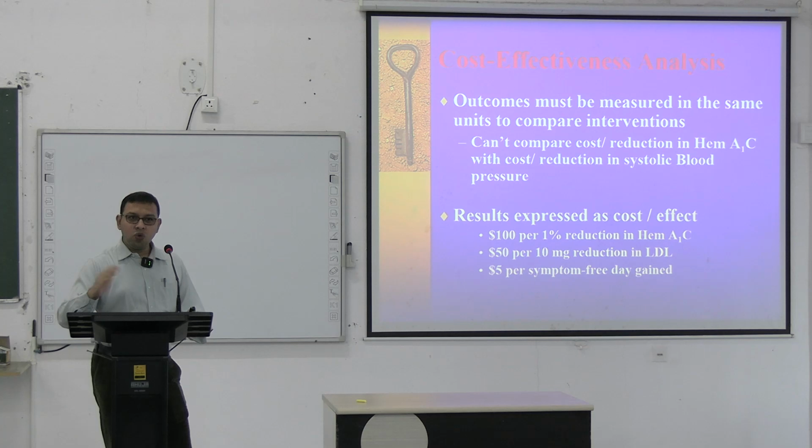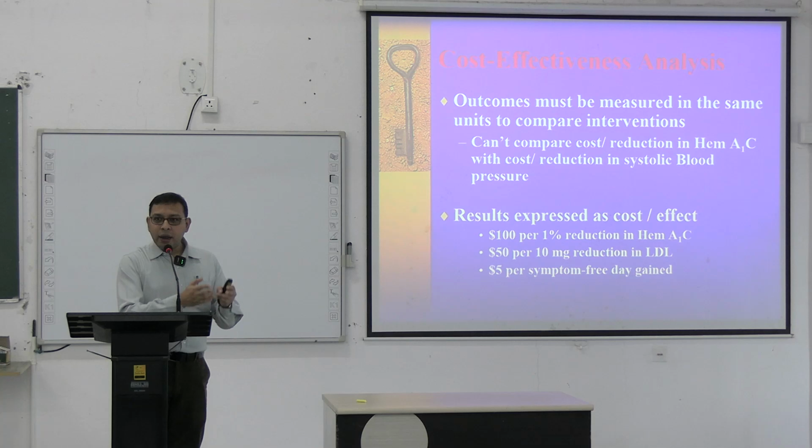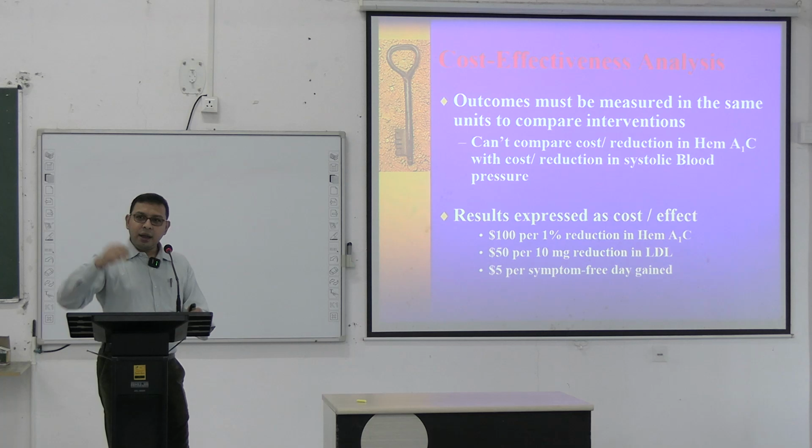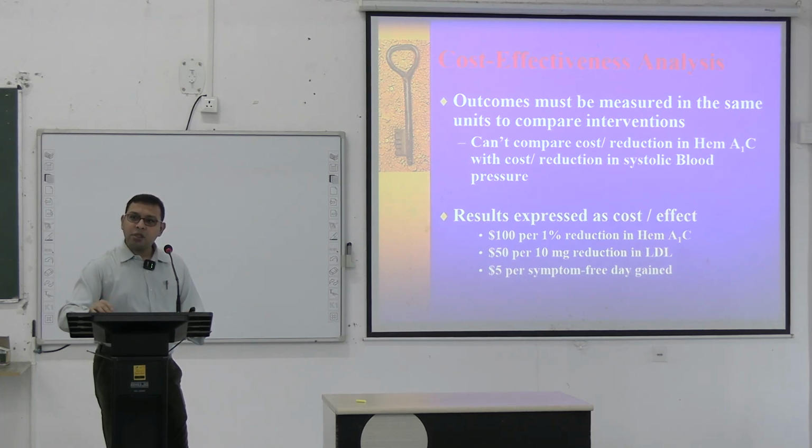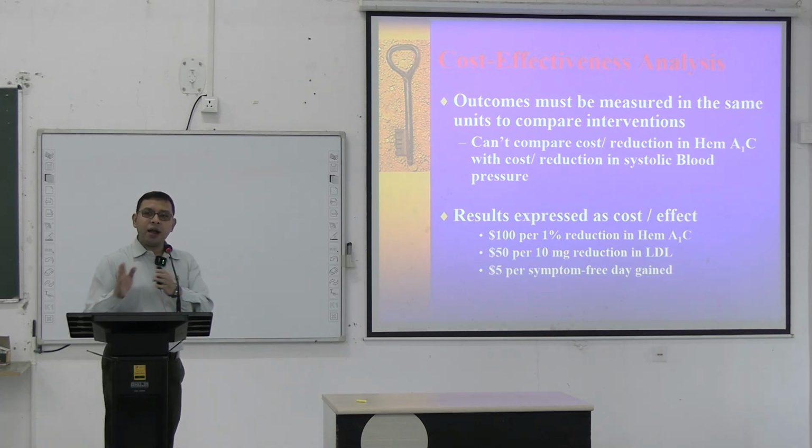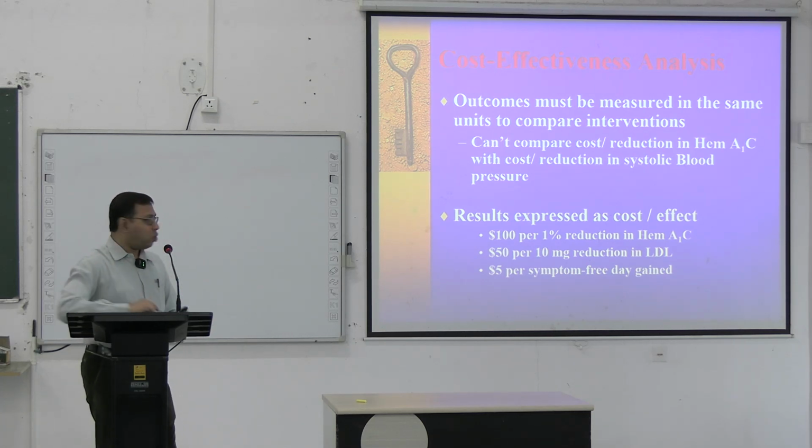After giving these two drugs for, say, 3 months, we see how much decrease of HbA1c has occurred. Then we calculate the cost of drug A and drug B, and calculate what amount of money is needed for a 1% decrease of HbA1c with drug A and drug B, then we can compare these two.